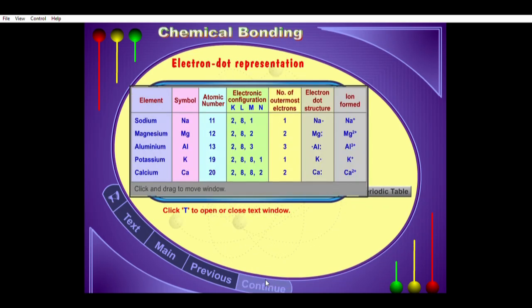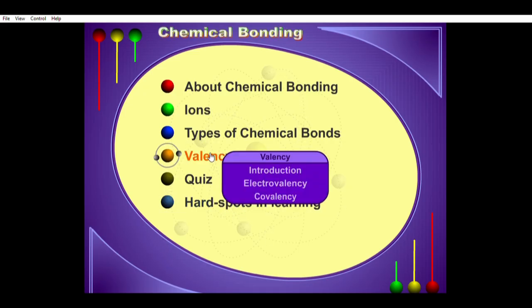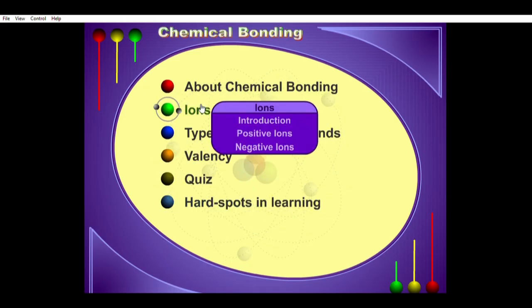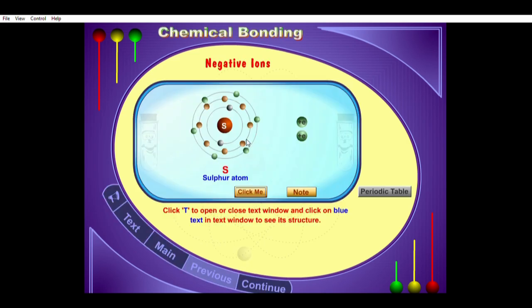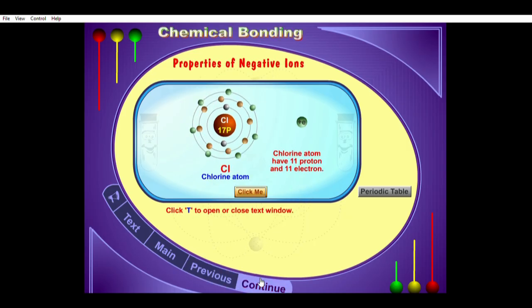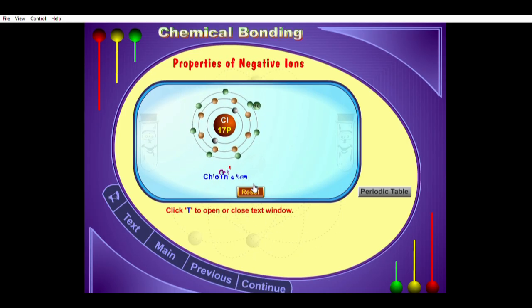Electron dot representation. Negative ions. Properties of negative ions.